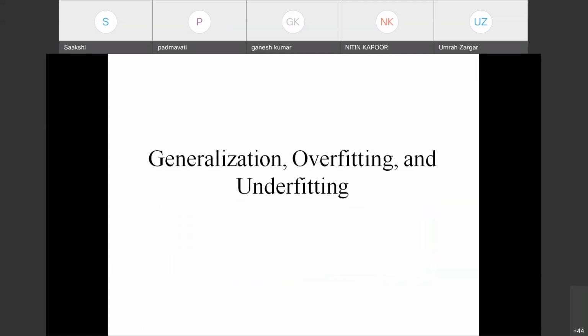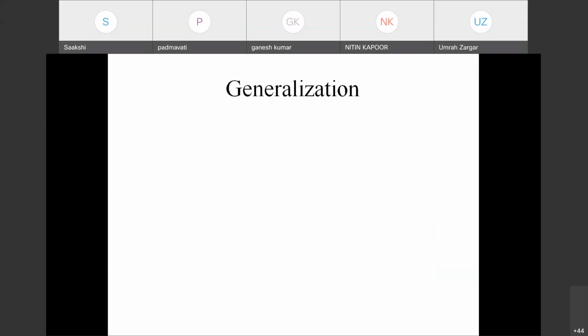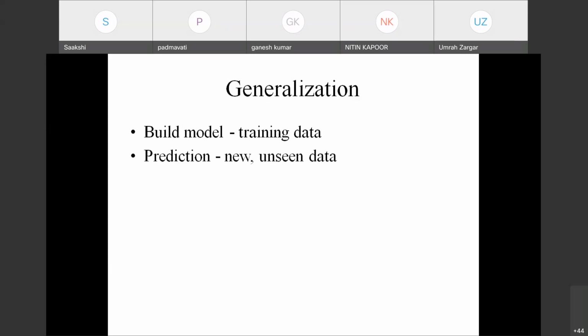Now let us look at the terms generalization, overfitting, and underfitting. What is generalization? Generalization is about once we have built the model based on my training data. As we have training data with us, we use that training data to build a given model.